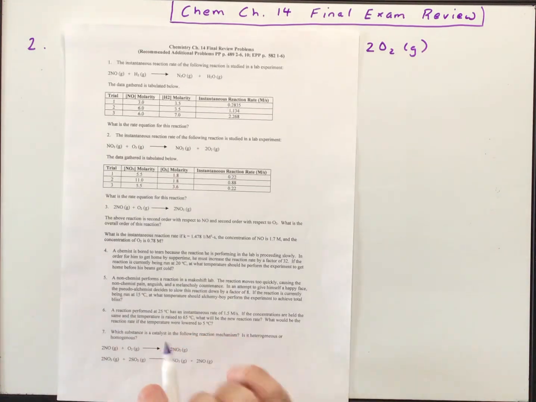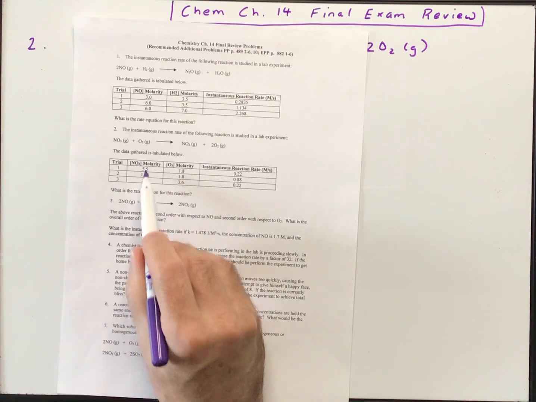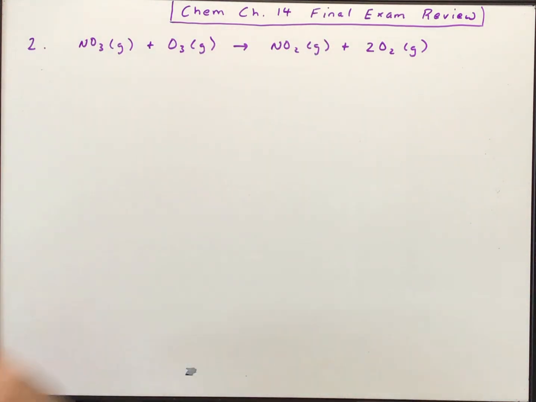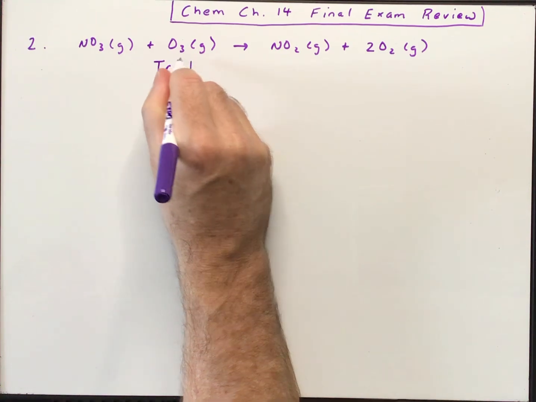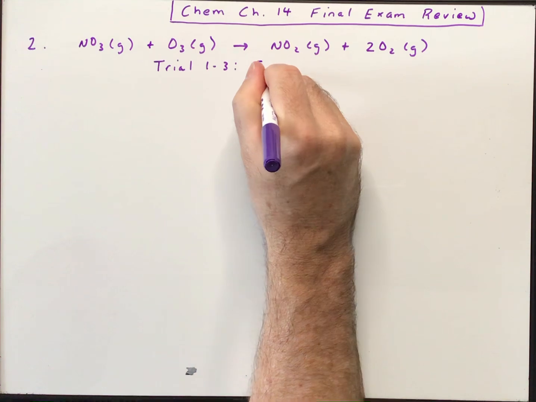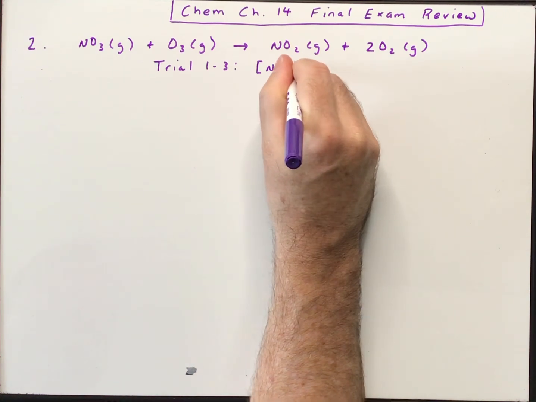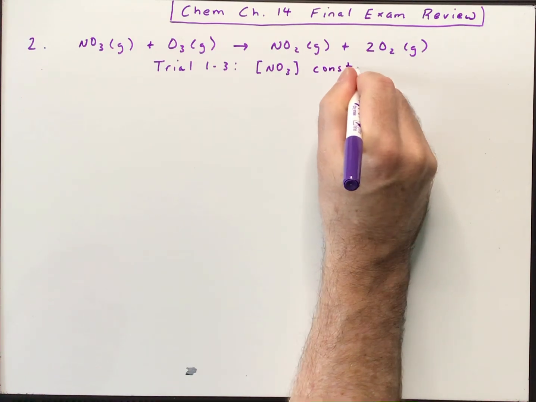So we're going to go left to right. NO3 is held constant between trials 1 and 3. See that? So we're going to look at trial 1 and 3 first. Remember, those brackets just mean concentration. The concentration is held constant.